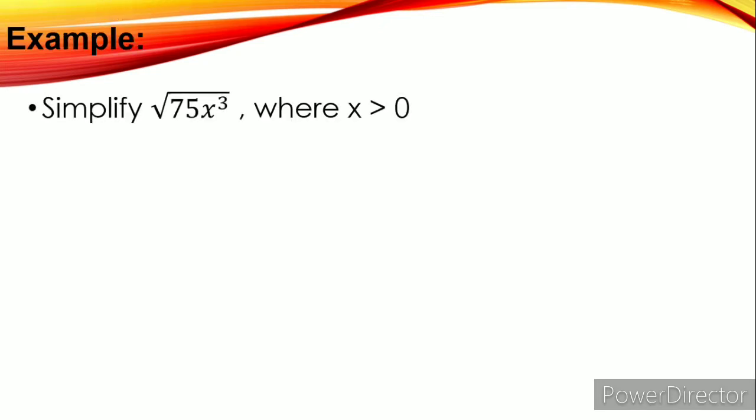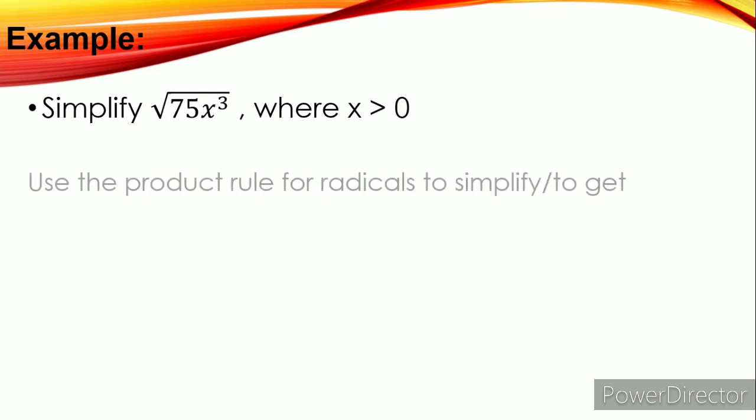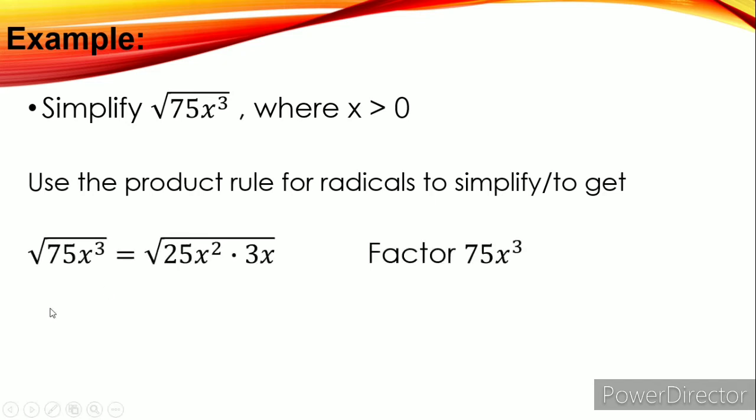Let's have the example. Simplify square root of 75x cubed, where x is greater than 0. Use the product rule for radicals to simplify the square root of 75x cubed. Square root of 75x cubed equals square root of 25x squared times 3x. That's the factoring of 75x cubed.